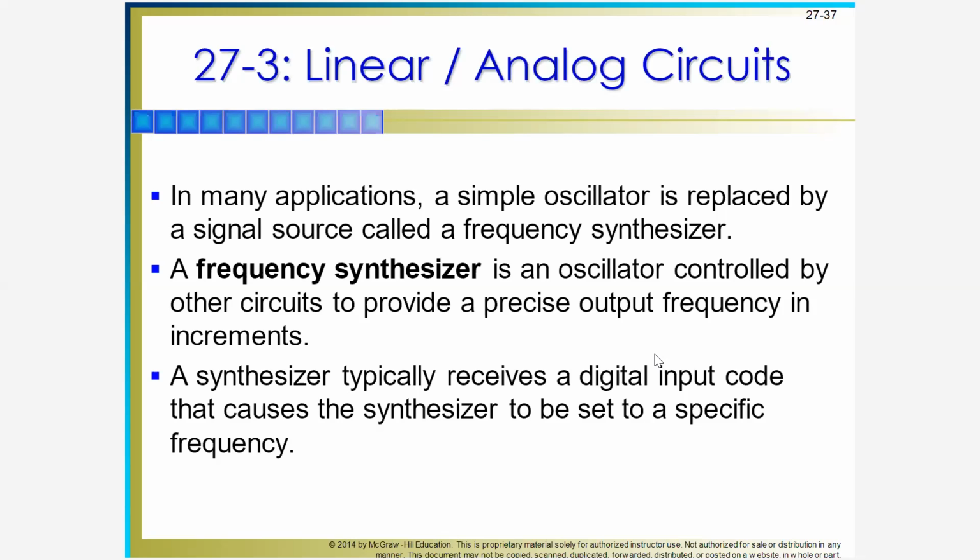A synthesizer typically receives a digital input code that causes it to be set to a specific frequency. That is the main difference: the oscillator is analog, while the frequency synthesizer is digital.